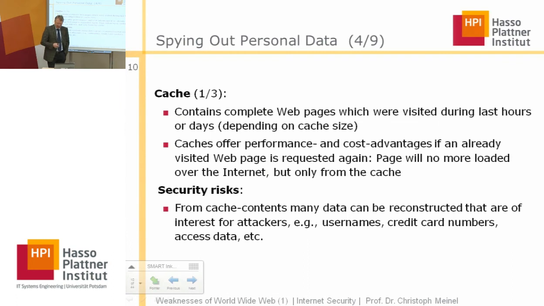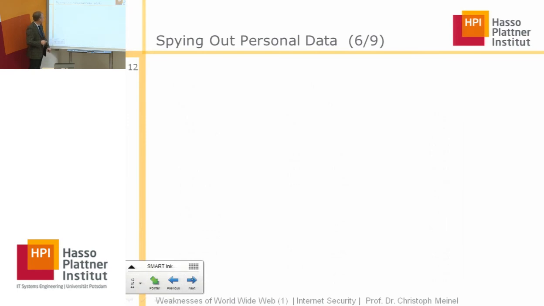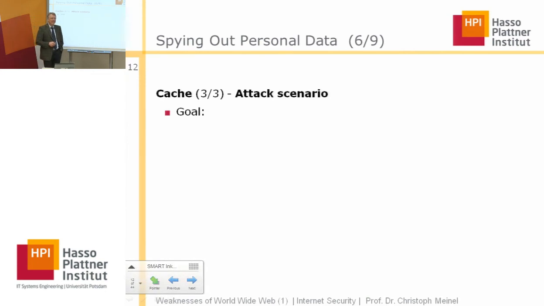For example, username, credit card numbers, access data, and so on and so on. Here is the abstract of such a web browser cache. So you have all the details that are presented on the website cached and can be accessed.